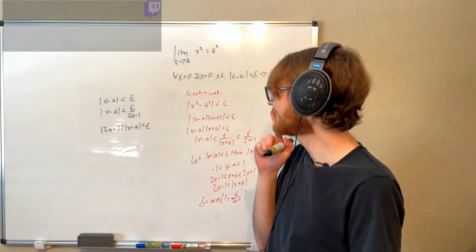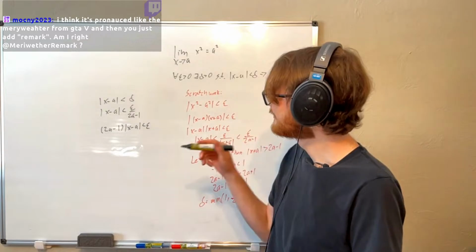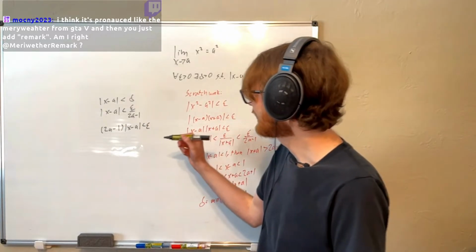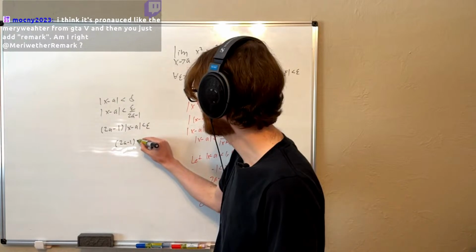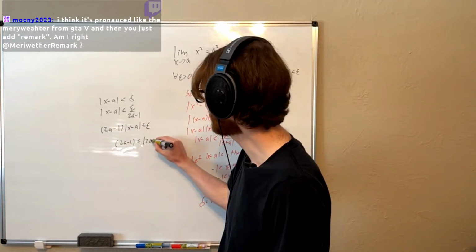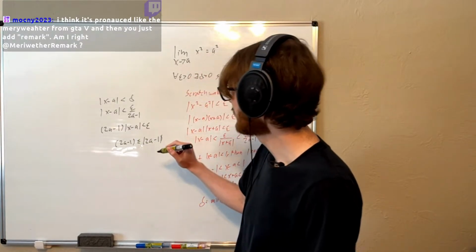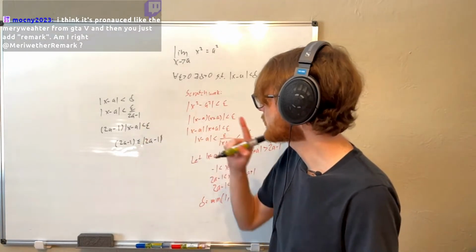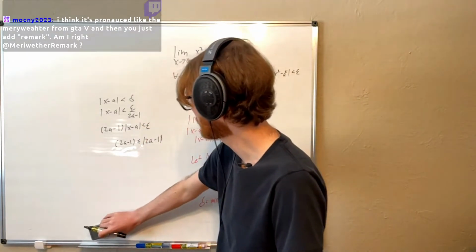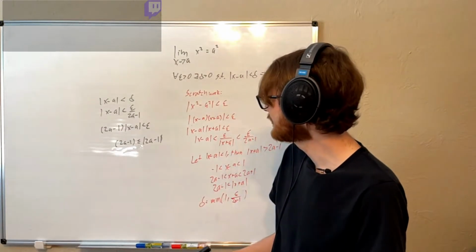Okay, so what's 2a minus 1 is going to be less than or equal to its absolute value? So this inequality goes the wrong way for the situation we have up here. So I don't know if we can use that.